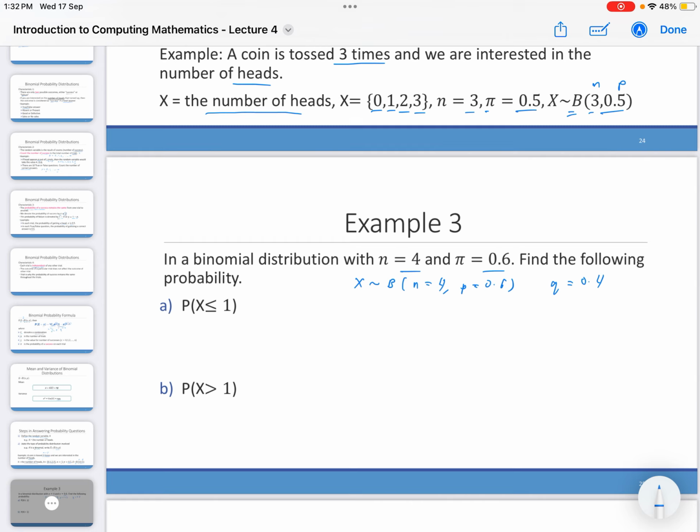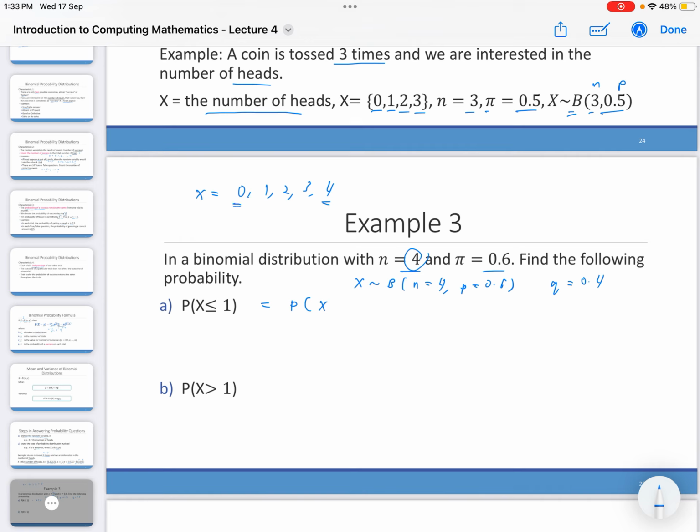Okay, now we want to find probability of x less than or equal to 1. Remember n equals 4, so x equals either 0, 1, 2, 3, 4, starting from 0 up until n.